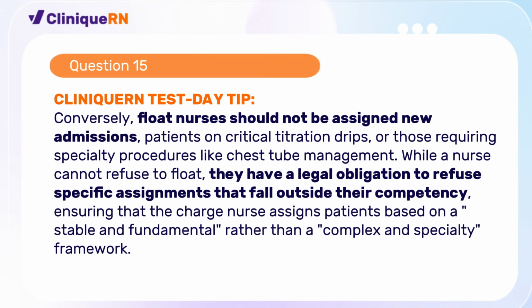Conversely, float nurses should not be assigned new admissions, patients on critical titration drips, or those requiring specialty procedures like chest tube management. While a nurse cannot refuse to float, they have a legal obligation to refuse specific assignments that fall outside their competency, ensuring that the charge nurse assigns patients based on a stable and fundamental rather than a complex and specialty framework.